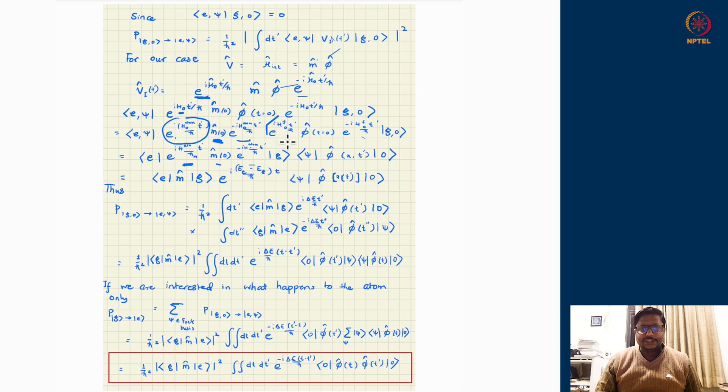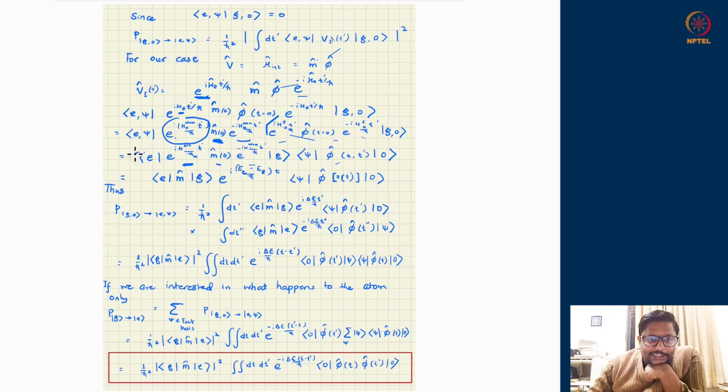This squeezing of the field operator between e to the power i H naught t and e to the power minus i H naught t will just give me phi at the time t prime. This is just the definition of the time evolution of the operator. Here also it is the time evolution of the monopole operator M, but I am not writing it explicitly because that helps in the next step.